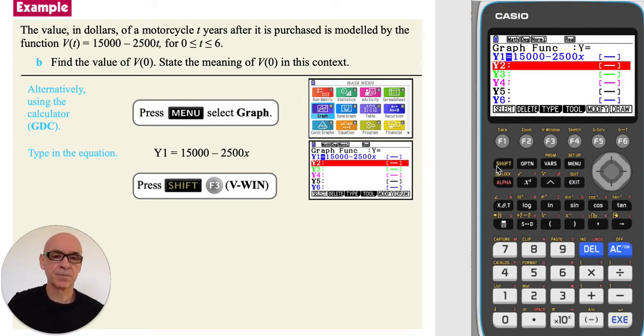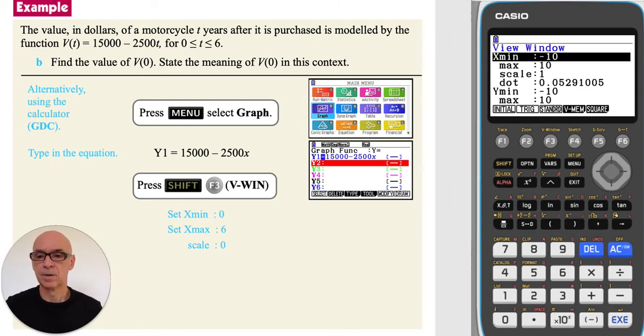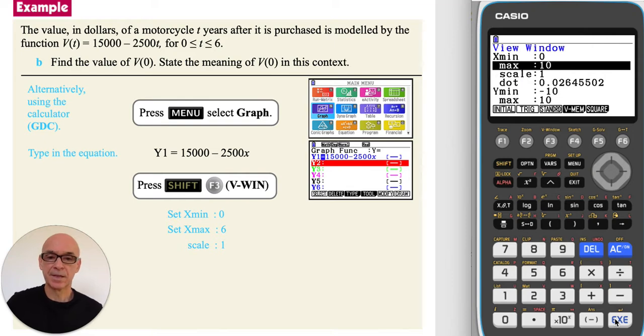Pressing Shift F3 for view window to set up a suitable window. As the domain for t is between 0 and 6 years, we can set xmin to 0 and xmax to 6 with a scale of 1.